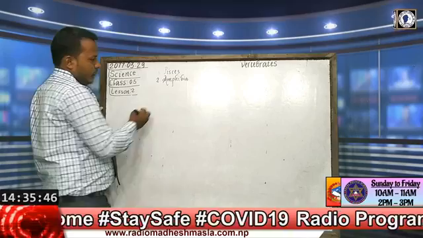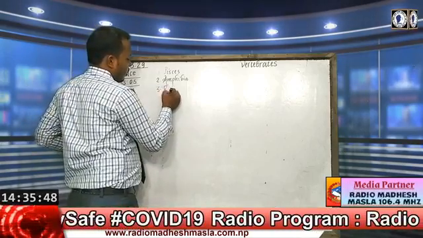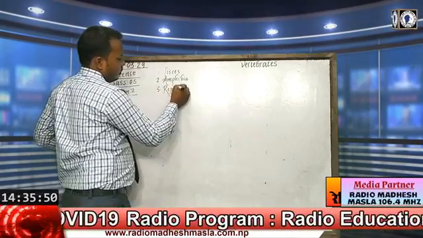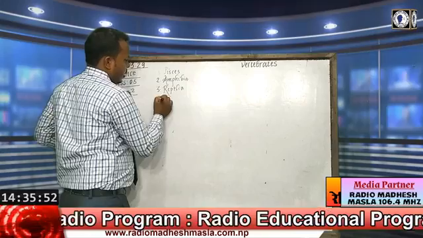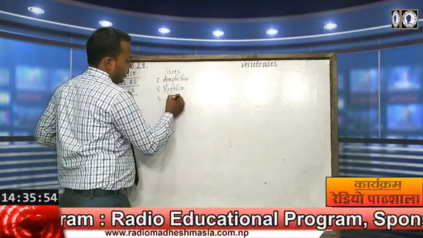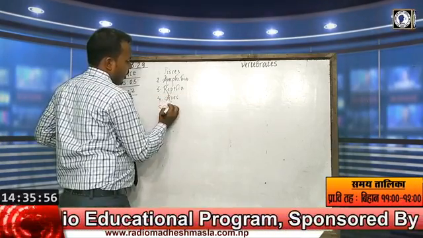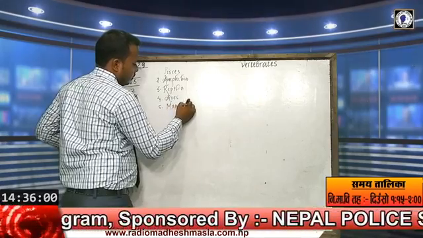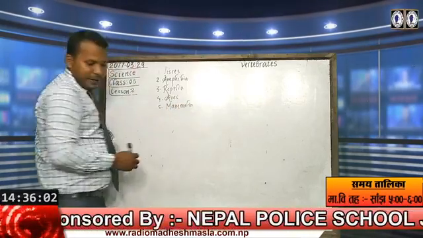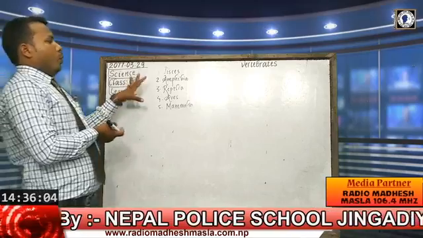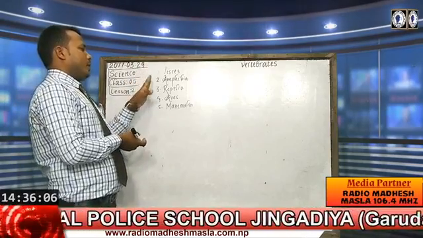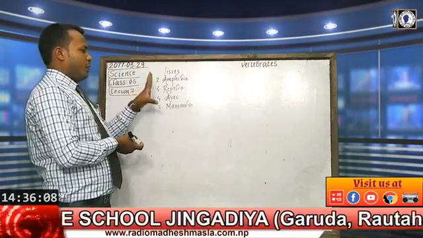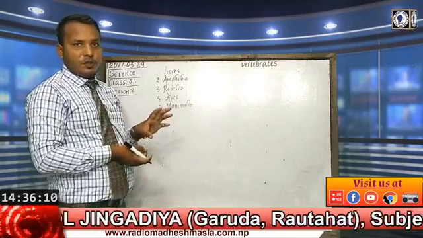Number 3, Reptilia. Number 4, Aves. Number 5, Mammalia or mammals. Mammalia, isn't it? We have already discussed Pisces, and now we are going to discuss Amphibia.